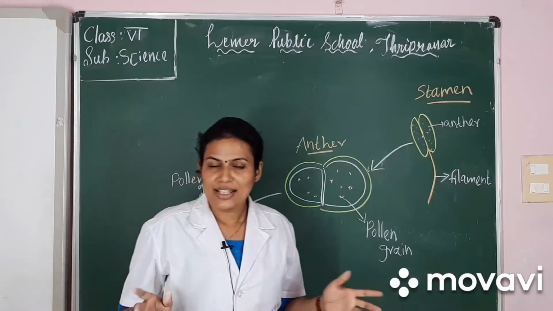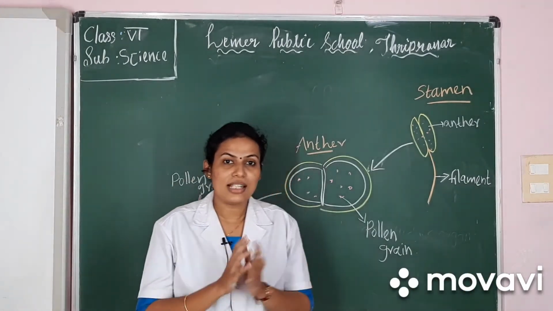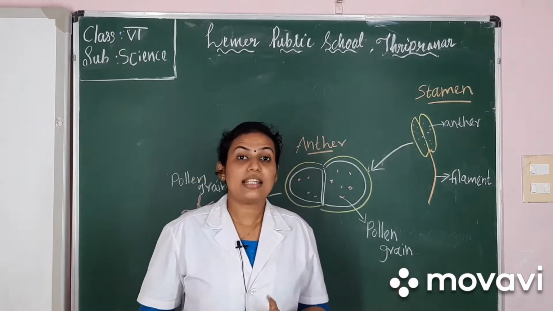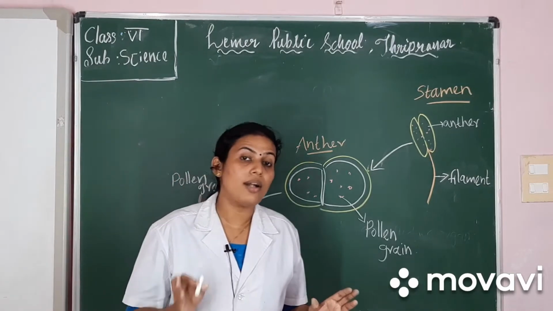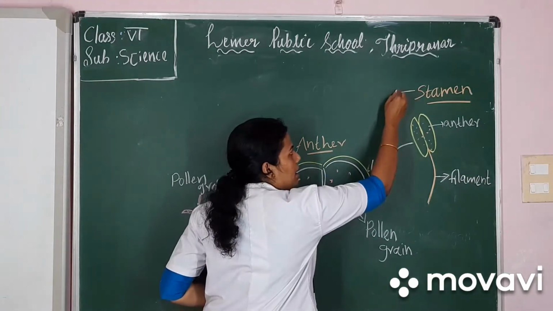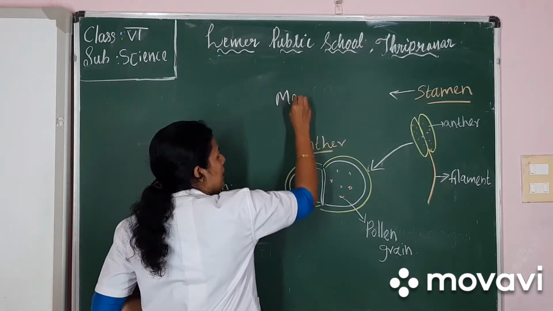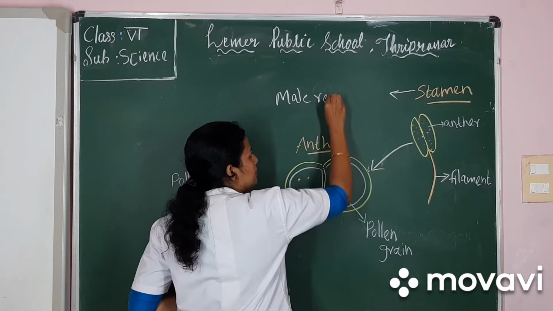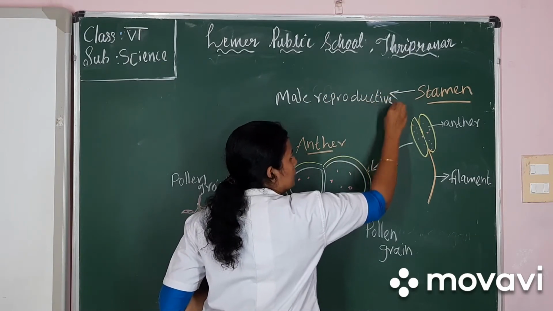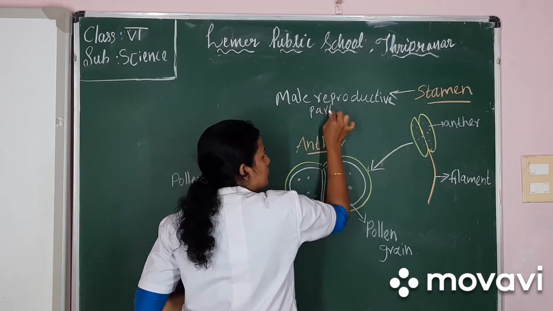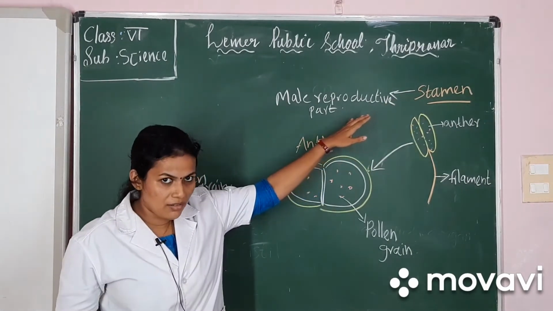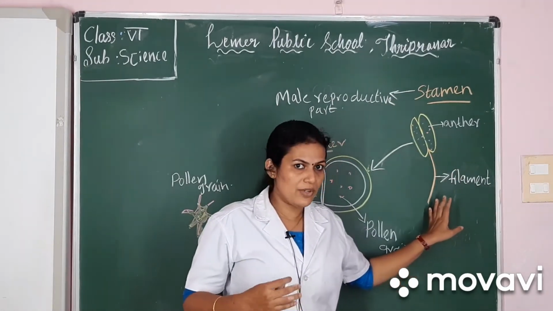Children, let's learn about stamen. Stamens are seen inside the petals. They are usually 4 to 6 in number. Stamens are the male reproductive part of a flower, and here the teacher has drawn a picture of a stamen.